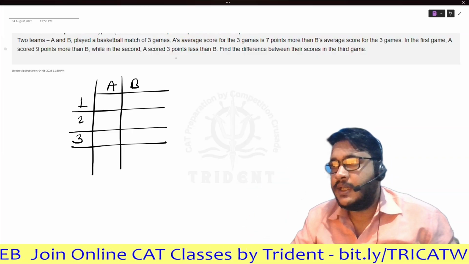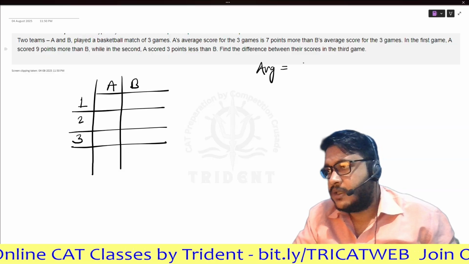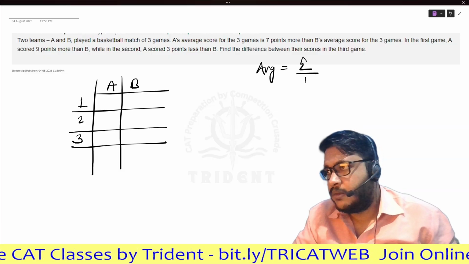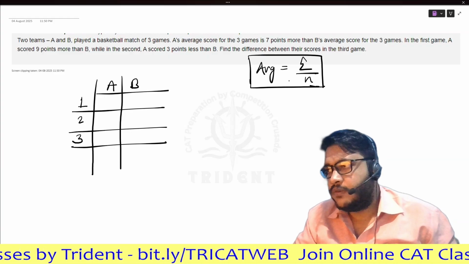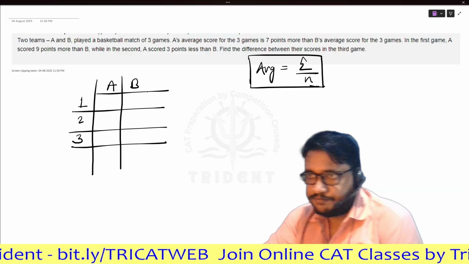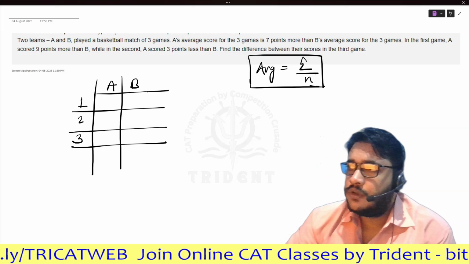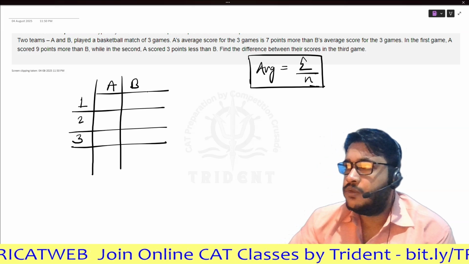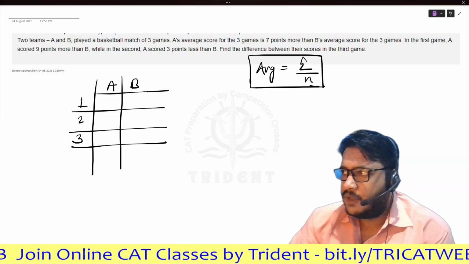Understand that average is the total of the observations by the total number of observations. So when we are talking about A's average score for the 3 games being 7 points more than B's average score, let's keep that for a while.